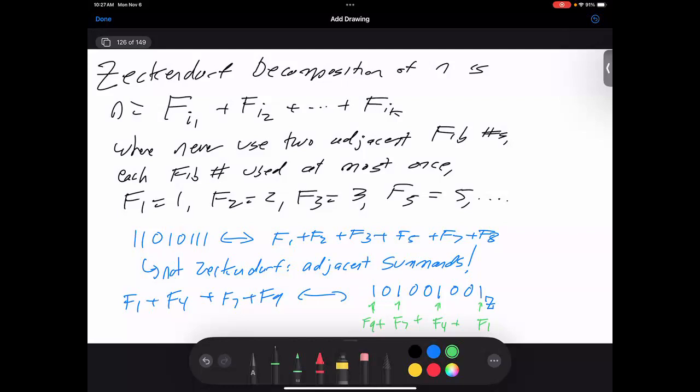So this means I don't expect to see the same behavior for gaps for Fibonacci numbers in the Zeckendorf decompositions as I would for gaps of binary decompositions.